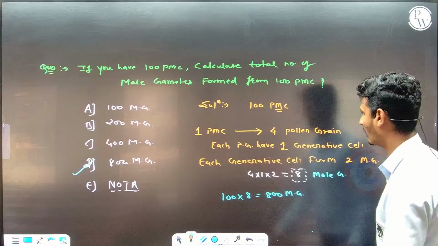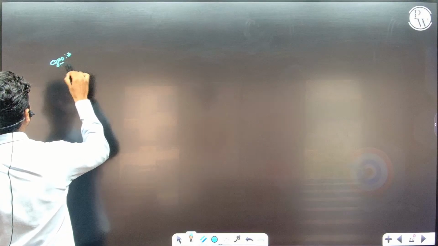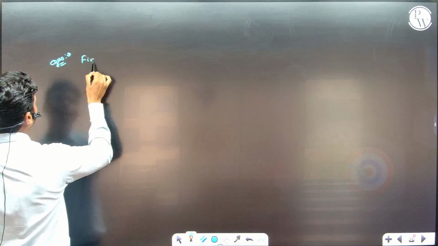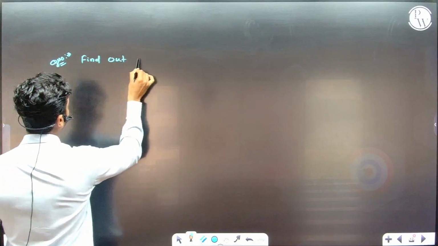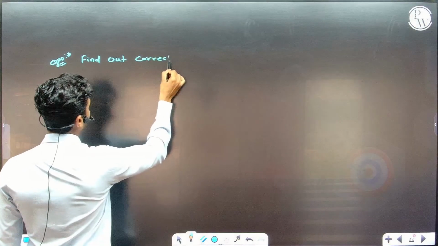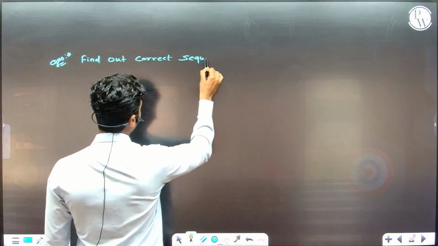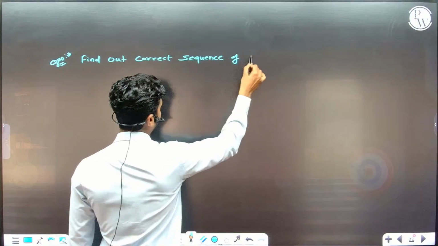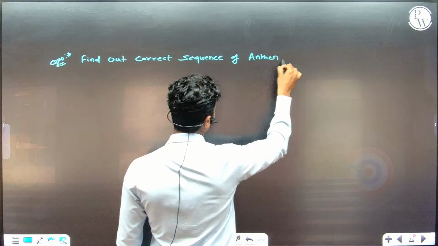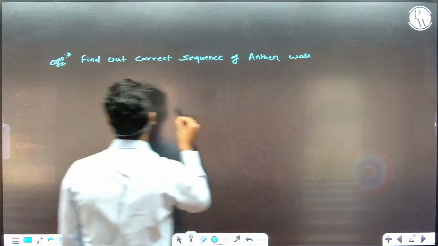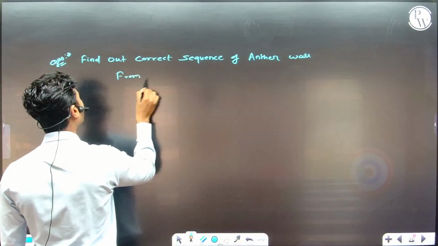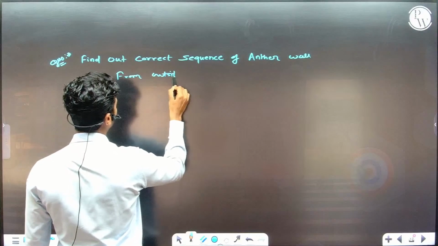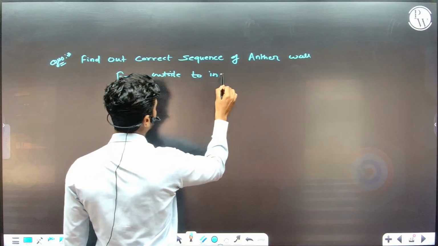Second question from my side. I'm writing the question here. Find out the correct sequence of anther wall from outside to inside.